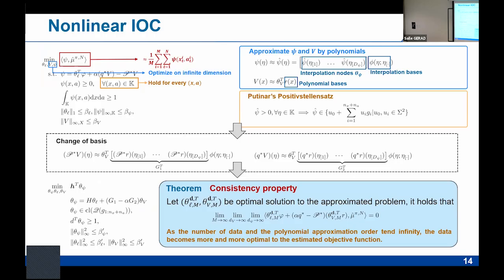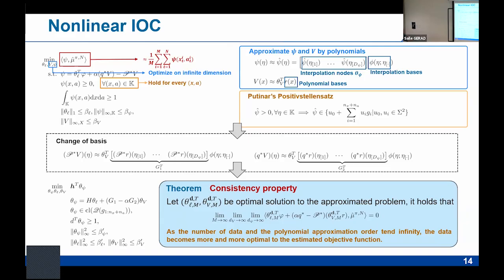I'm also curious about the scalability. For this type of nonlinear problem, almost all the methods need to select some basis function, and usually a high dimensional basis function can provide good performance, but... Yeah, you are really asking the $1 million question here. Recall that this has to hold for all x and a.